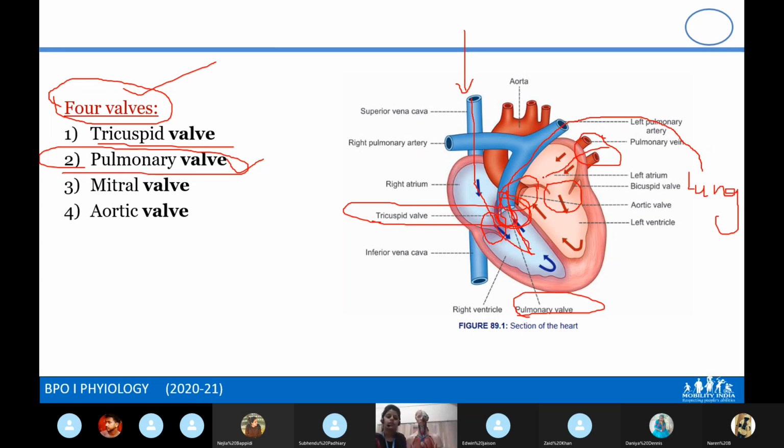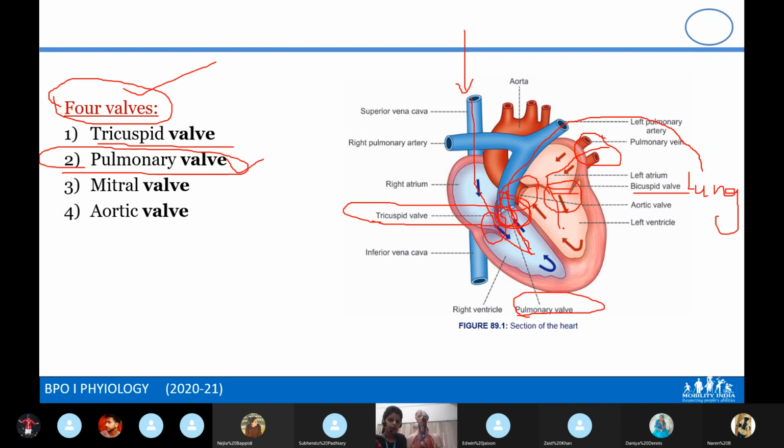When the blood passes to left atrium, then it passes to left ventricle. Again, which valve is present there? That is bicuspid valve, which has two cusps. Or you can also call it mitral valve. Now from left ventricle, the blood has to be supplied all over the body.